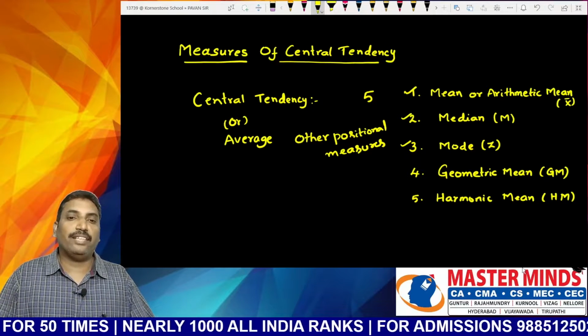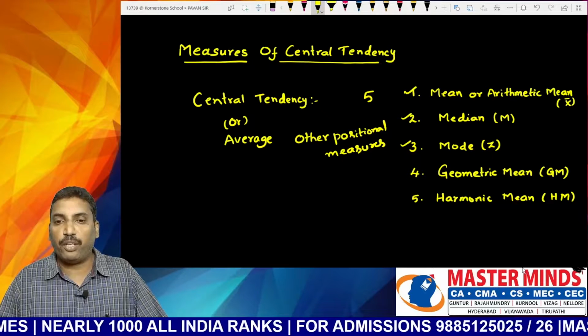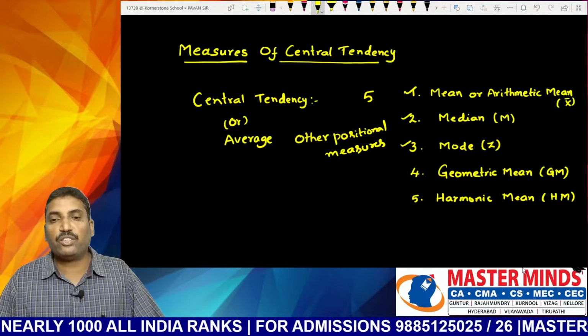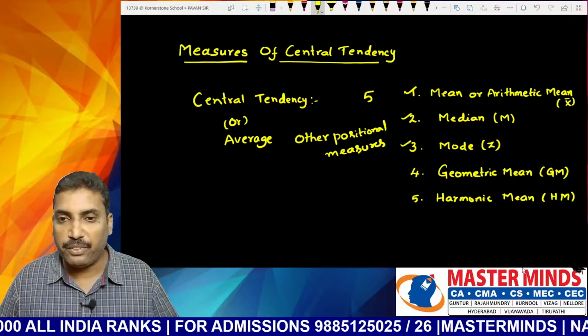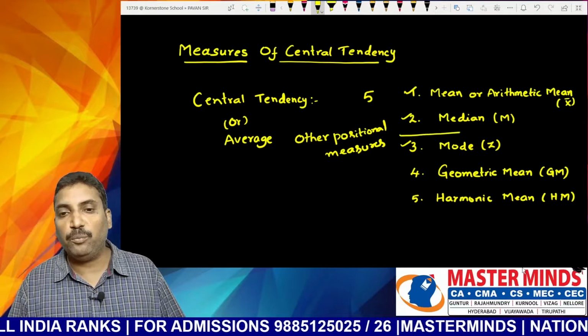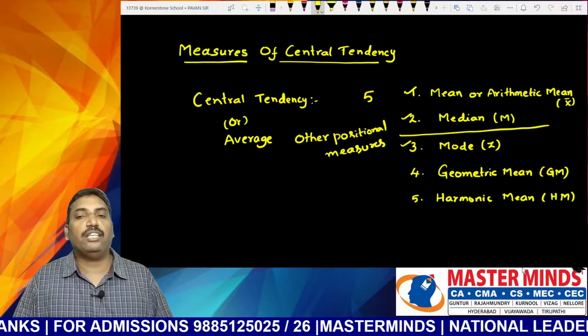Part 2 will start with mode and include geometric mean and harmonic mean. Of course, first we discuss arithmetic mean.